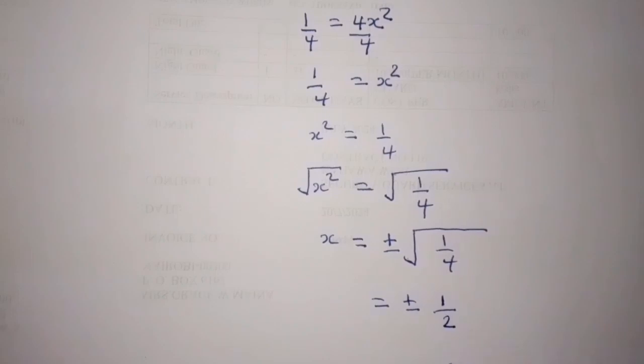So we end up with positive or minus 1 over 2.